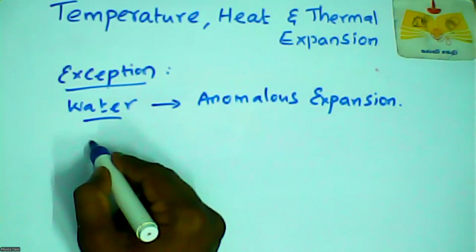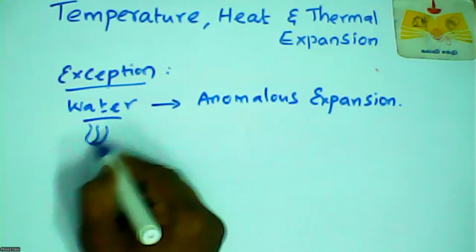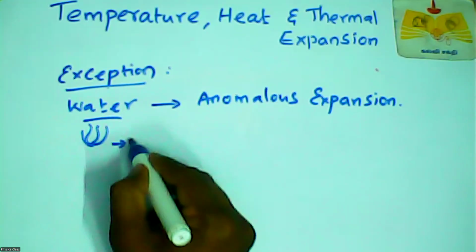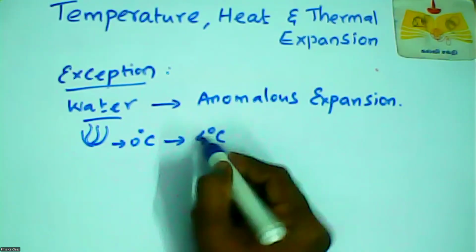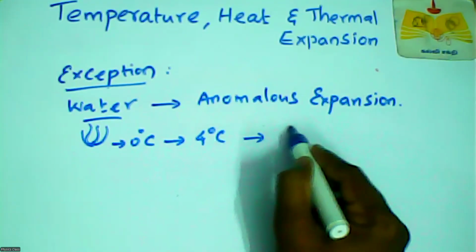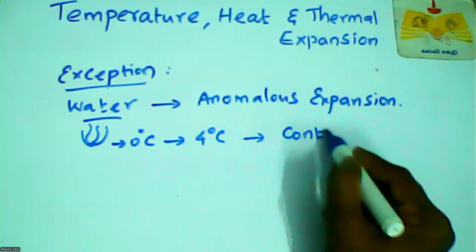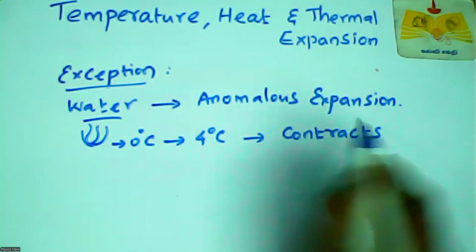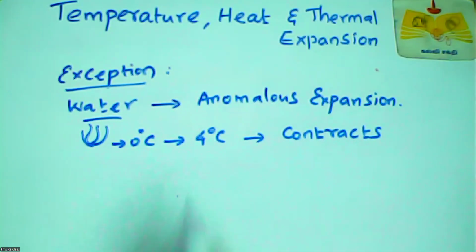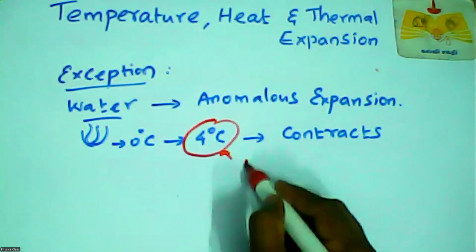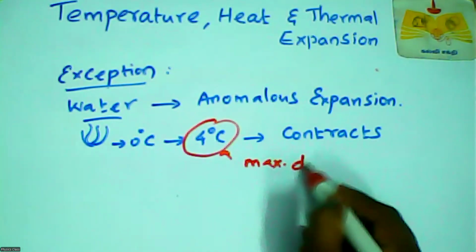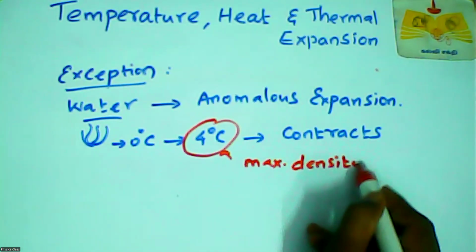When you heat water from 0 degree Celsius to 4 degree Celsius, it actually contracts. So water has maximum density at 4 degrees Celsius.